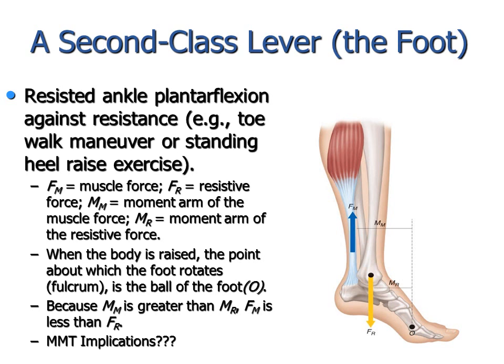Now, because the moment arm of the muscle force is greater than the moment arm of the resistive force, it requires less applied muscle force to raise the body up on the toes of the foot. That is because this is a great mechanical advantage for the body in having a longer moment arm through which the gastrocnemius muscle can act. So what does that mean for us when we perform our manual muscle testing?